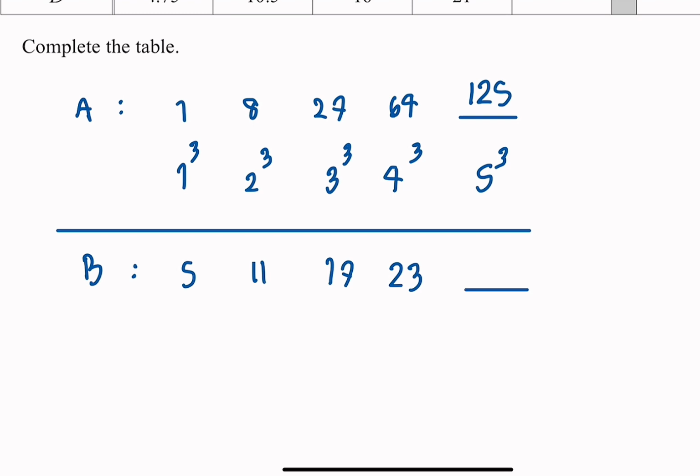Well, as you can see, from 5 to 11 is plus 6, and from 11 to 17 is also plus 6, and then from 17 to 23 is also plus 6. Therefore, 23 plus 6 is 29.